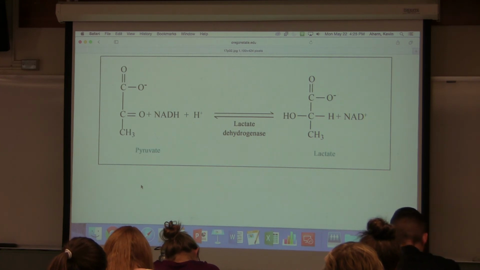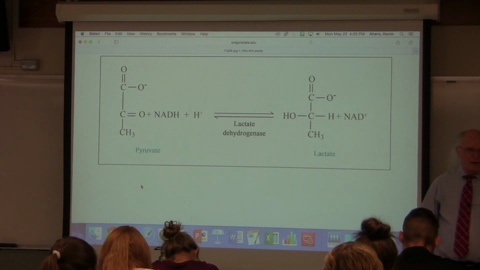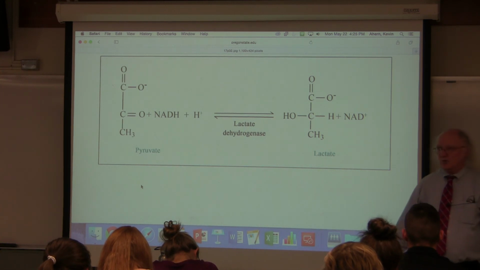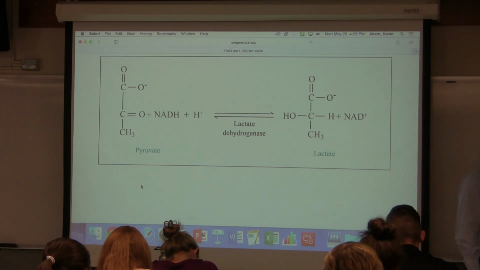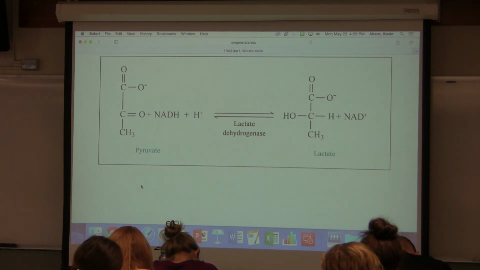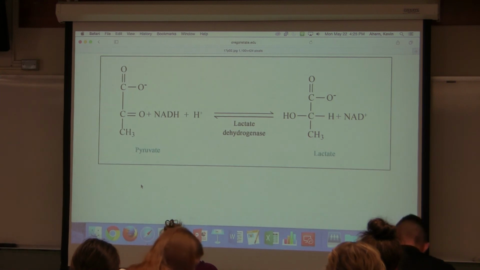However, when cells run out of oxygen, the electron transport system will not run. Consequently, NADH will not be converted to NAD. And unless something is done, the glyceraldehyde 3-phosphate dehydrogenase reaction cannot run. Okay? Let's take a look at that real quickly.